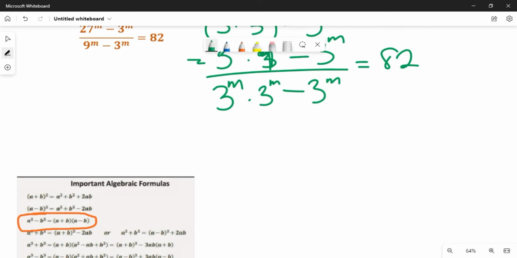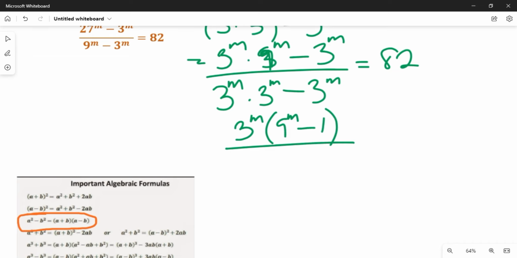We're going to have 3 raised to power m, which is common here, multiplied by 9 raised to power m minus 1, right? And this will give us 2 raised to power m is common here, into brackets 3 raised to power m minus 1, and this will be equal to 82.